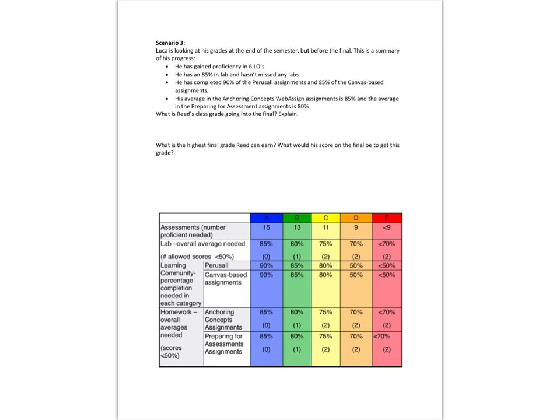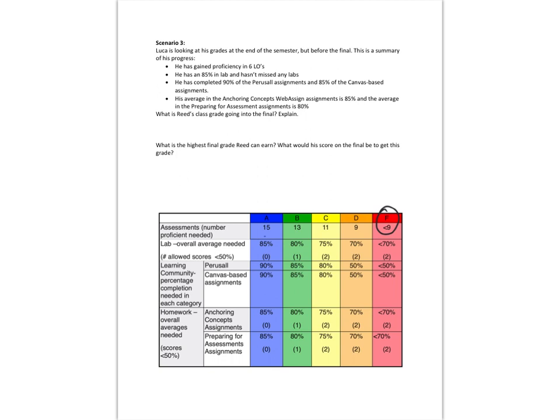Okay, Luca is looking at his grades at the end of the semester. Luca had a hard time, and he has 6 LO proficiencies, and that's going to put him at the F range for his proficiencies.